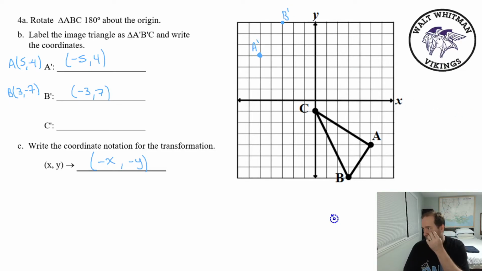And then we have C. C is just 0, -1. So you can see that's going to turn into 0, +1. And then that point is just right here. So now you can connect the dots. And hopefully you can look at that and see how it's a 180-degree rotation.